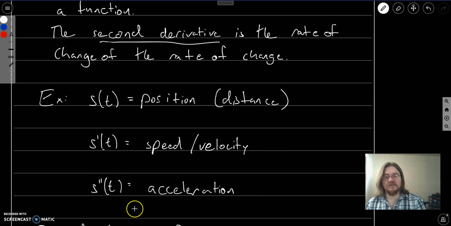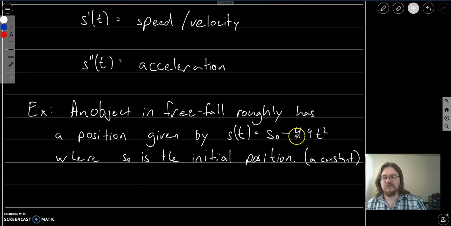We can actually take higher derivatives of this as well, and these have been given some funny names. I believe the third derivative of position is called jerk, and maybe the fourth is yank, something like this. But ultimately, I feel like these first three are what's most important for us in this class. So let's do an example.